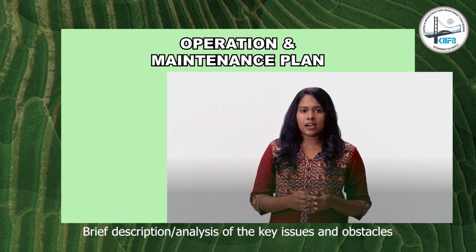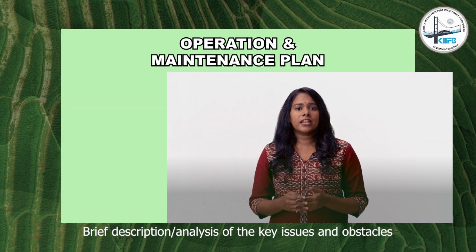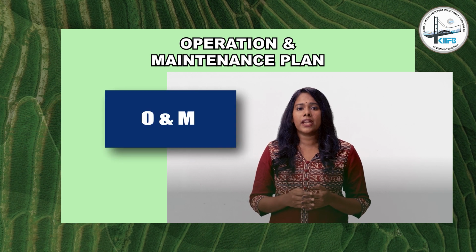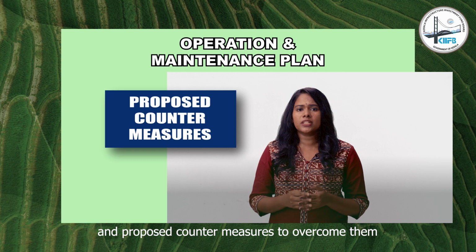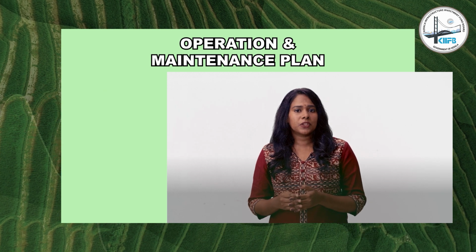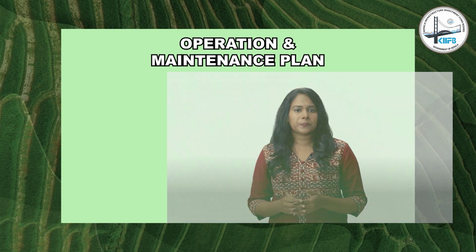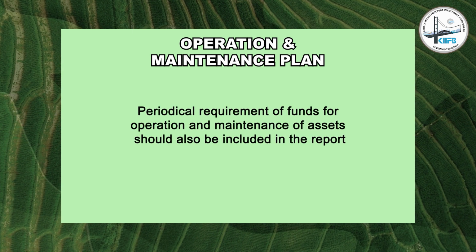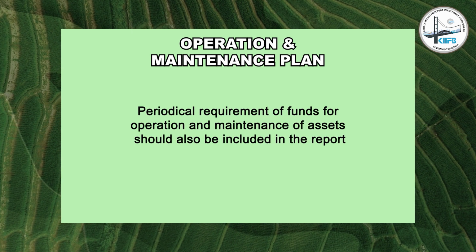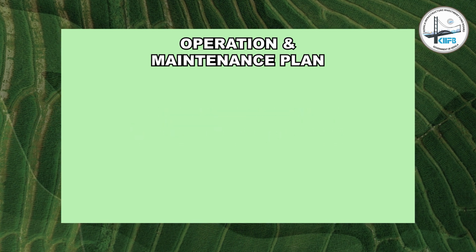Brief description or analysis of the key issues and obstacles in regard to O&M, including billing and collection issues, and proposed countermeasures to overcome them for the project should be contained. Periodical requirement of funds for operation and maintenance of assets should also be included in the report.